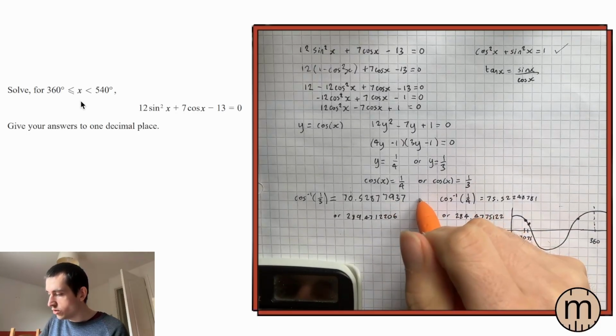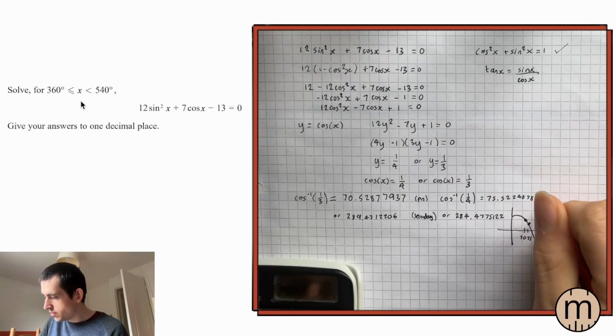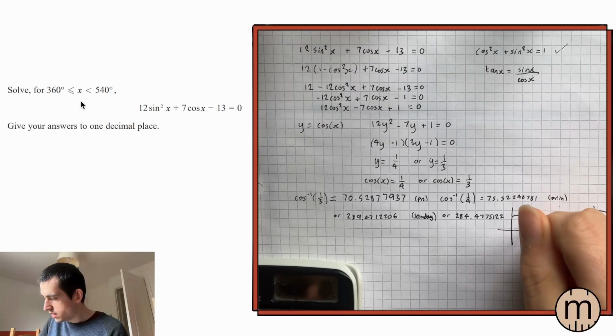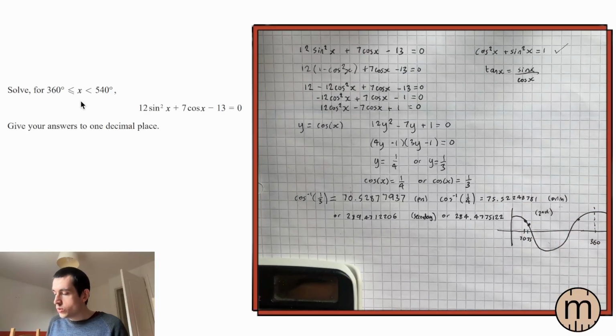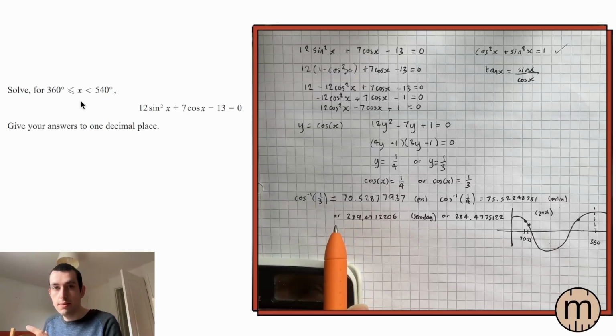This is what I like to call primary value and secondary value. Once you've got these two, it's only a case of adding or subtracting multiples of 360 until you've got all the solutions in the range. So we take 70.5, we add 360 and keep adding 360 till you've got all the answers in the range.